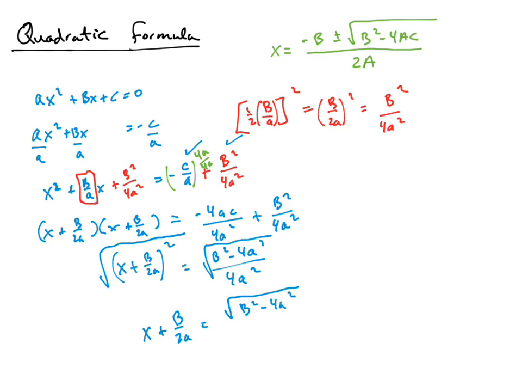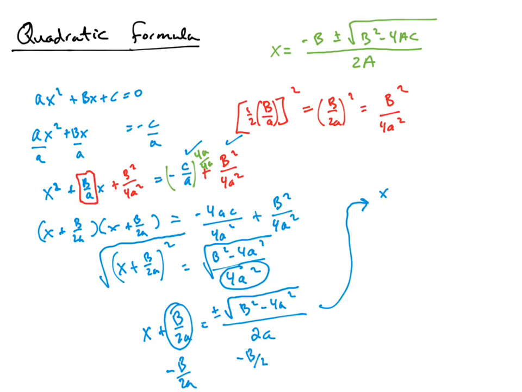In the denominator, the square root of 4a squared, I can write that as 2a. So 2a times 2a gives us 4a squared. So the square root of that is 2a. And we need a plus or minus right here. And then we simply subtract b over 2a from both sides. So what we end up with is x is equal to minus b over 2a, plus or minus.